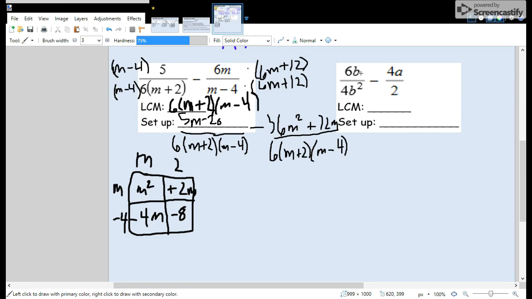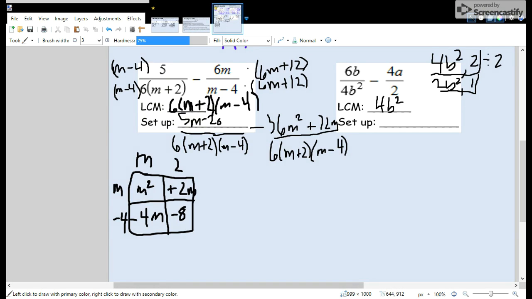On the last one, we could go ahead and set up our cake, and they both are going to divide by 2. So after you divide those, you have 2b squared and 1. So our LCM is going to be 2b squared times 1 times 2, which is just 4b squared.